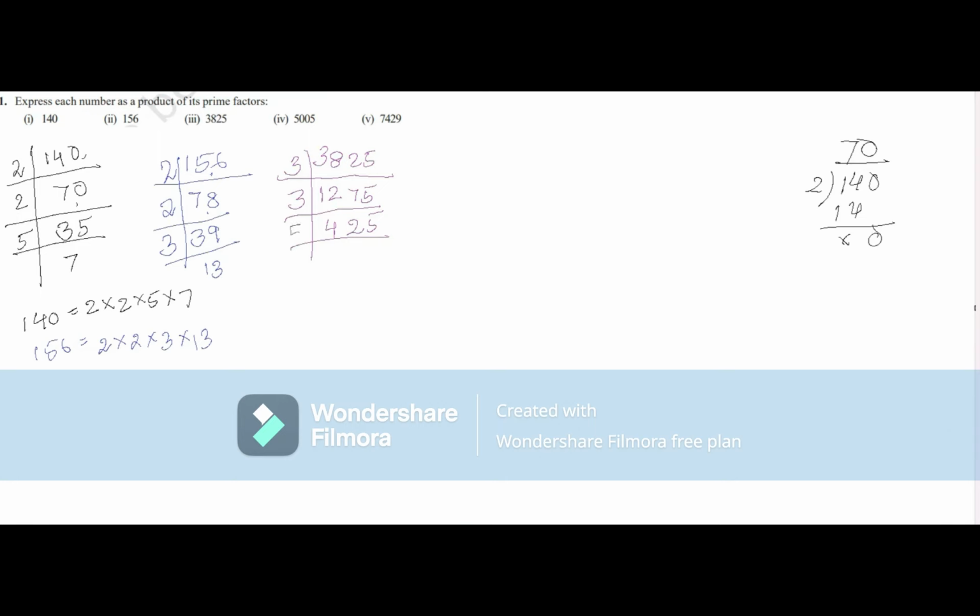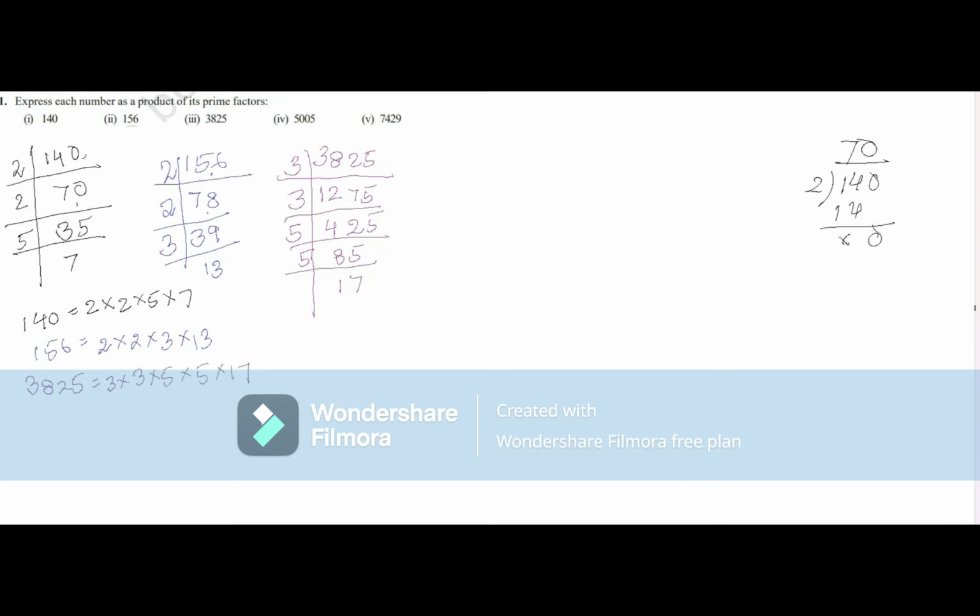So now I'll divide it by 5. 8 5s are 40, 5 5s are 25. Again 5, 5 1s are 5, 35, 7 5s are 35. So I can write 3825 as 3 into 3 into 5 into 5 into 17.